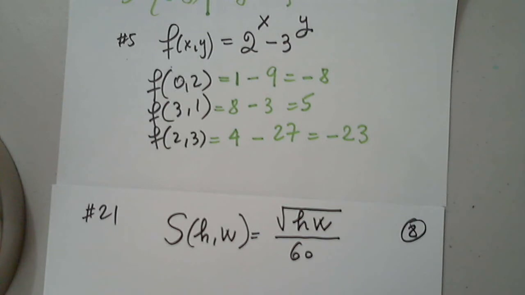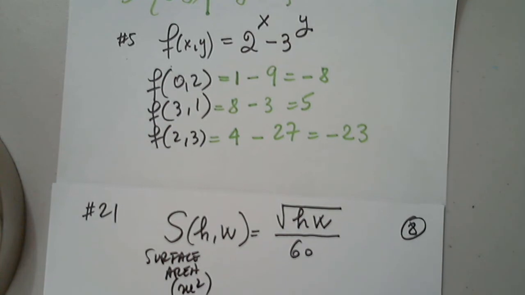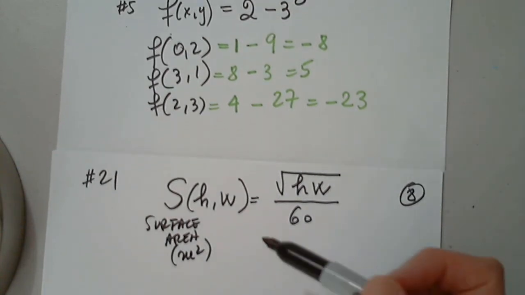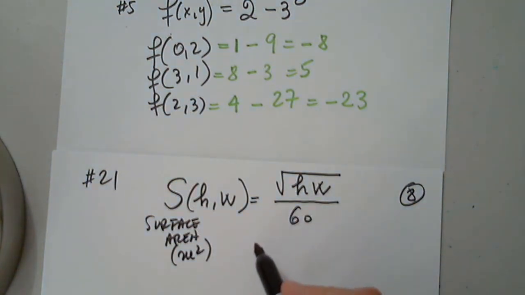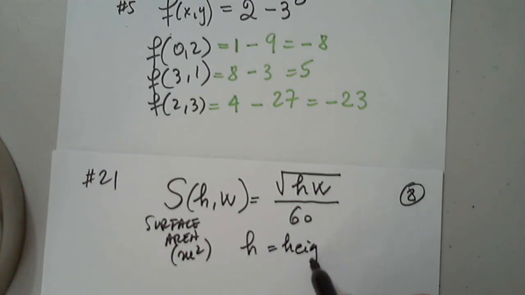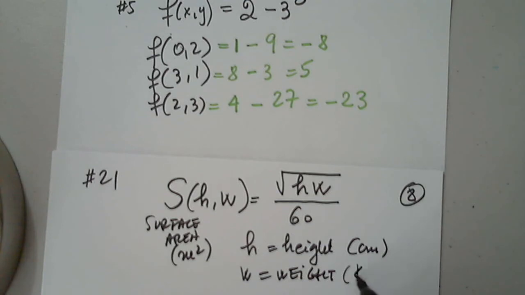It's called the Mosteller formula for approximating the surface area, in square meters, of a human, of any person, where h is the person's height in centimeters, and w is the weight, and it is in kilograms.